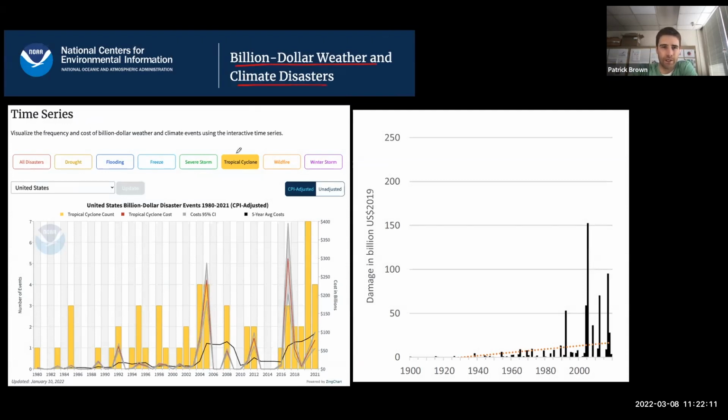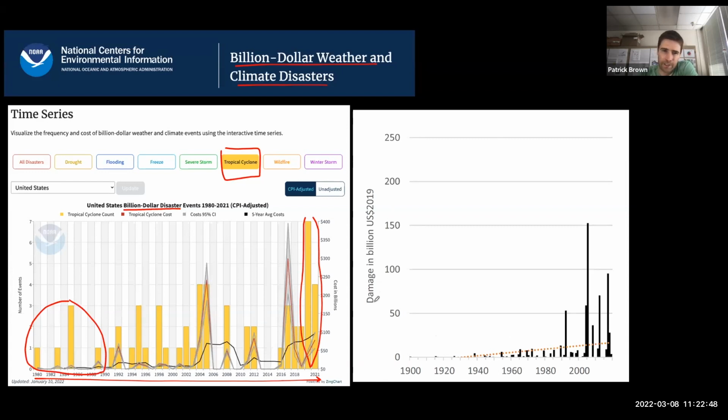This is looking at tropical cyclones through time from 1980 to 2021, and this is the number of billion-dollar disasters, so how many occur each year. If we look early in the record, there are just 1, 2, 3, 4, 5, 6, 7 billion-dollar disasters in the first 10 years. And then recently, you're getting 7 in 1 year. So that's a huge increase recently.